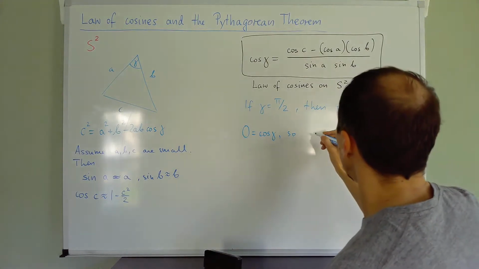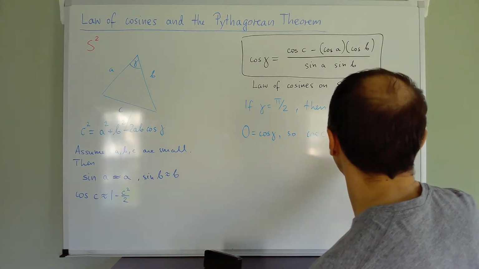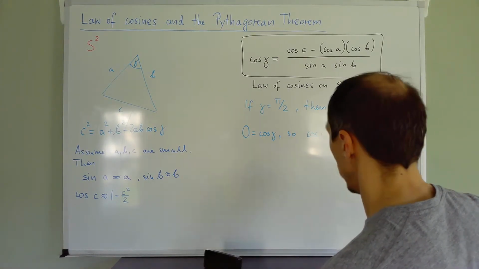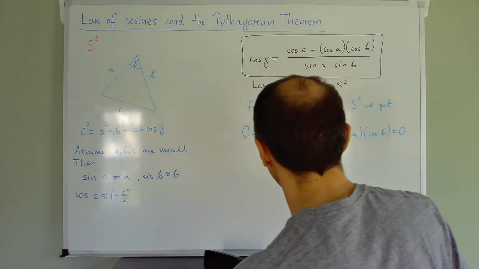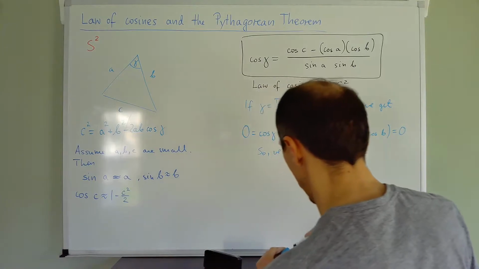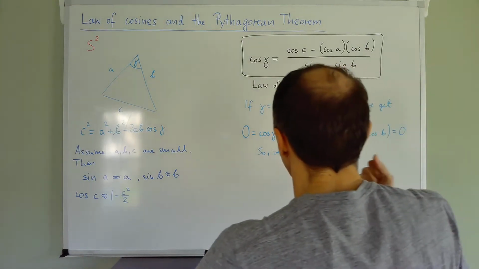So that means the numerator has to be 0. Thus, we get the Pythagorean theorem on the sphere.